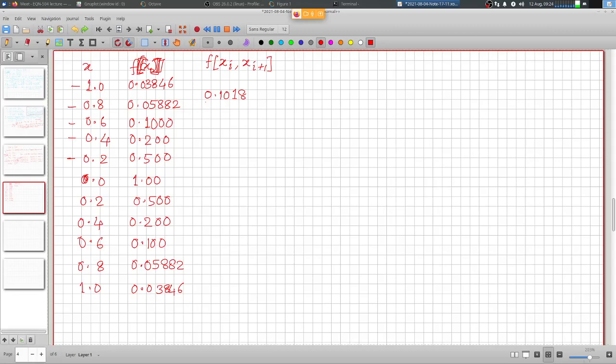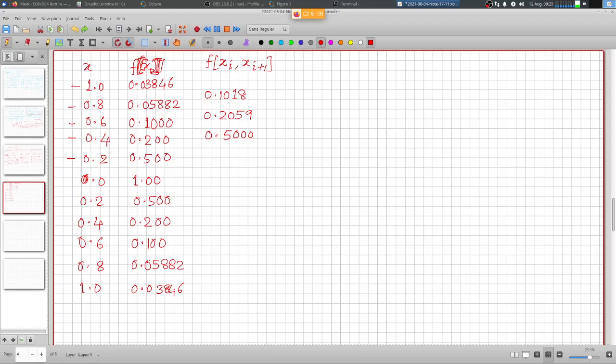And similarly, I can find the divided difference between these 2 points, minus 0.8 and minus 0.6, as 0.1 minus 0.05882 divided by 0.2, that is equal to 0.2059. And here it will be again 0.1 divided by 0.2, so this is going to be 0.50.